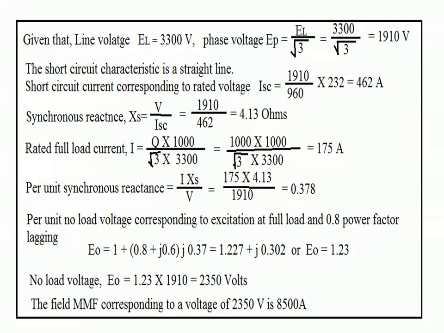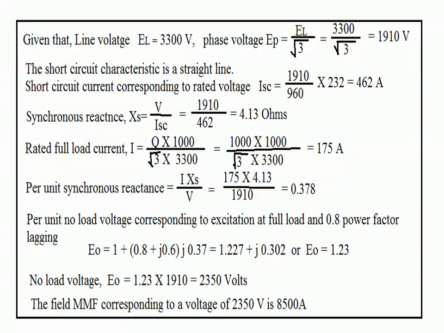Now, given that line voltage is 3300 volts, you determine phase voltage. Phase voltage equals EL by root 3. The short circuit characteristic is a straight line. Already we know by plotting the OCC and SCC that usually the short circuit characteristic lies on a straight line.